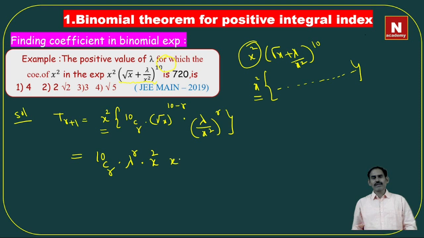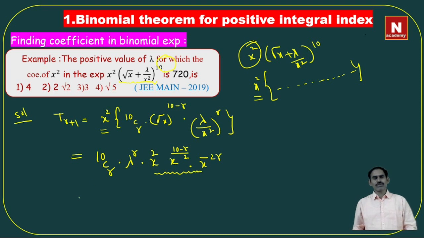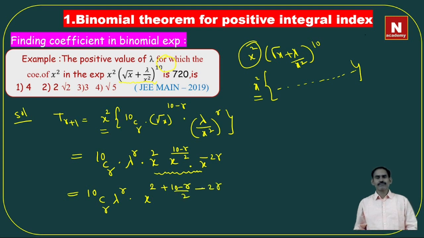So x power (10 minus r) by 2 into x power minus 2r, 1 by x square written in the numerator as minus 2r. Now all these three bases are x, so the powers should be added: 10cr lambda power r into x power 2 plus (10 minus r) by 2 minus 2r.